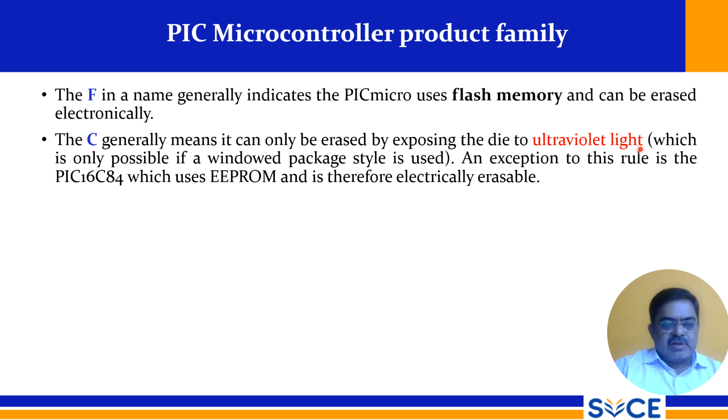In this type of microcontroller there is a small notch, a window, through which it is exposed to ultraviolet light so that the memory will be erased. This is only possible if a windowed package style is used.